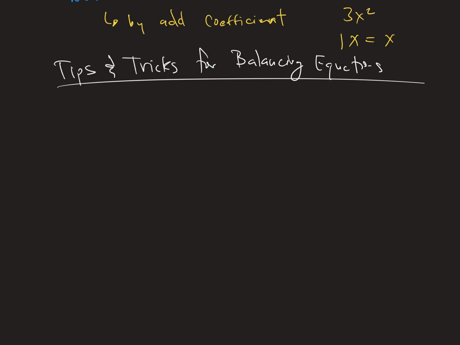Okay, first one, I'm going to give you these kind of in order, but it doesn't really matter. They're just tips, okay? So I like to start, you might say, oh, where am I going to start in this yucky thing, right? Start with the larger subscripts. Start with the compound with the bigger numbers in it. Now, why do we do that?